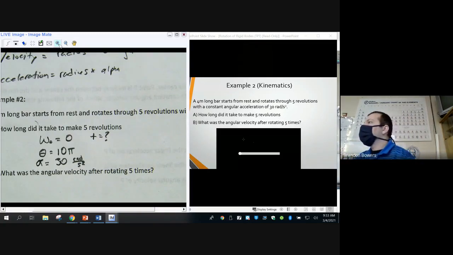I have a question. It says the 4-meter bar rotates. How does it rotate? Like which direction? Are they trying to say the radius is 4?